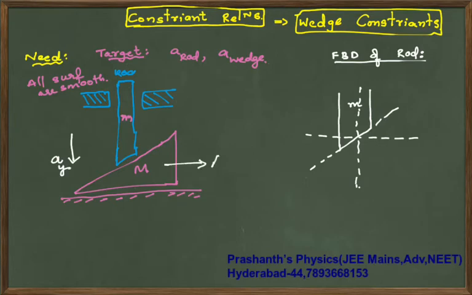This wedge is allowed to move along the x direction, right? Because of the supports or fixed ends that you have here, the rod can only come down. It is allowed to move only along the y direction.